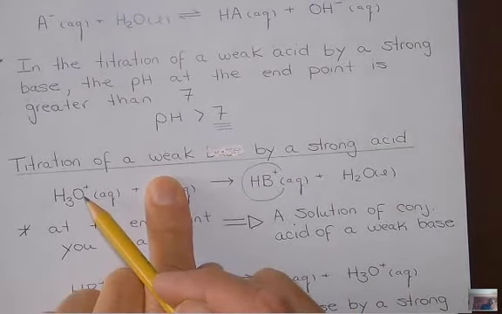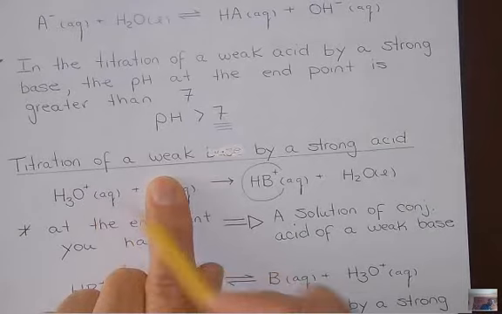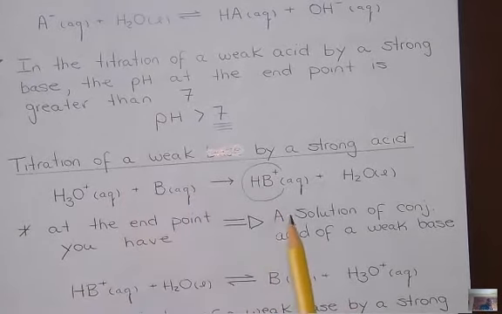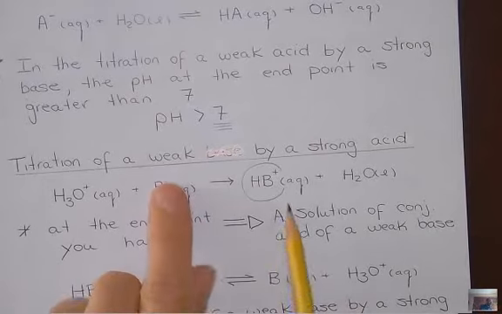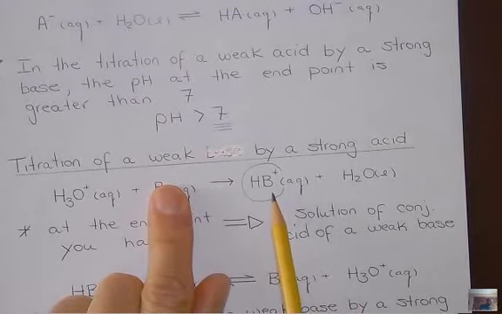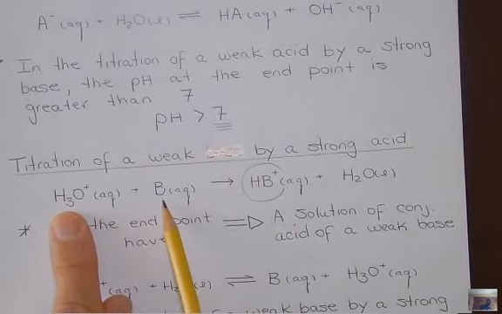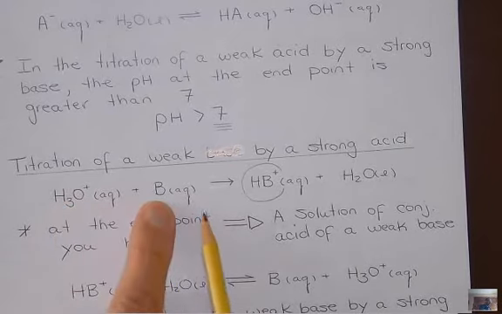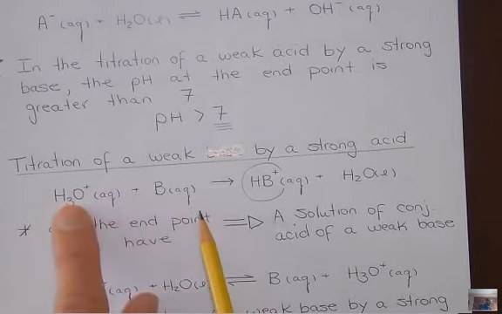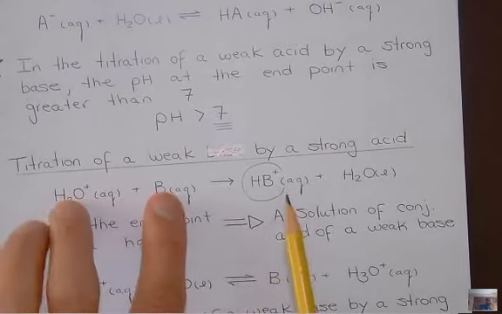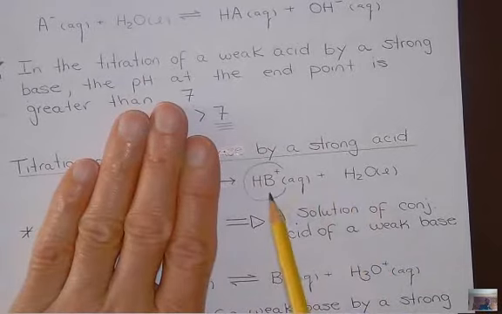The number of milliliters of HCl it takes to get to that special point where the pH is going to drop down is the point when all of the B that was originally there is gone. The moles of this are now equal to the moles of that. They neutralize each other. I use them all up. Now I just have a solution of this and this.